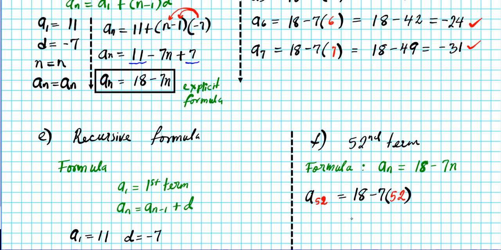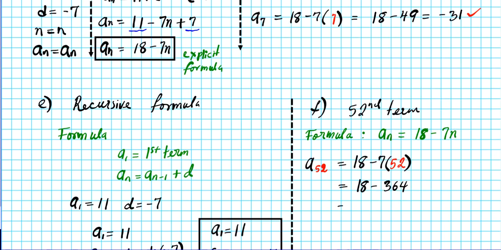Now let's simplify. You have 18. If you work this out in your calculator, 7 times 52 is 364. And then when you subtract these two from each other, you end up with negative 346 as the 52nd term of this arithmetic sequence. Okay, so that's that.